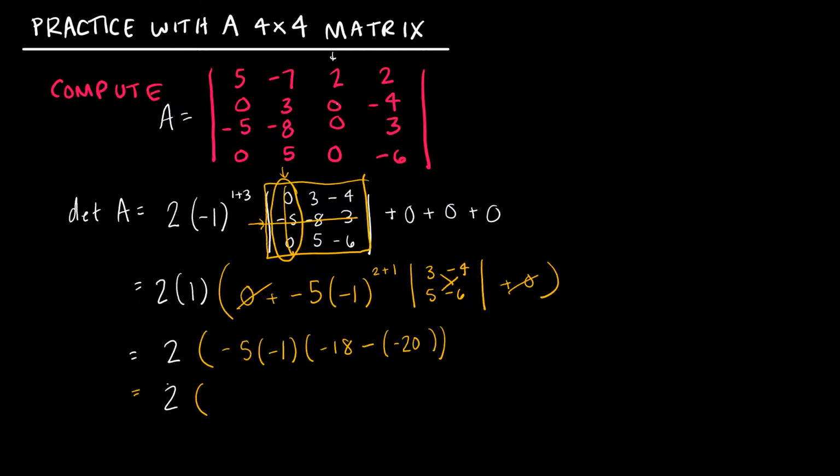I've got negative 5 times negative 1, which is positive 5, and then I have negative 18 plus 20, which is 2. And then if I multiply this, I get 2 times 5 times 2, which is 20. So my determinant is, in fact, 20.